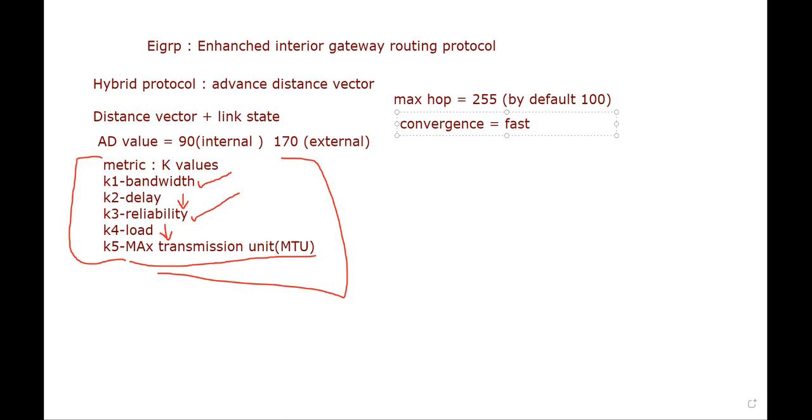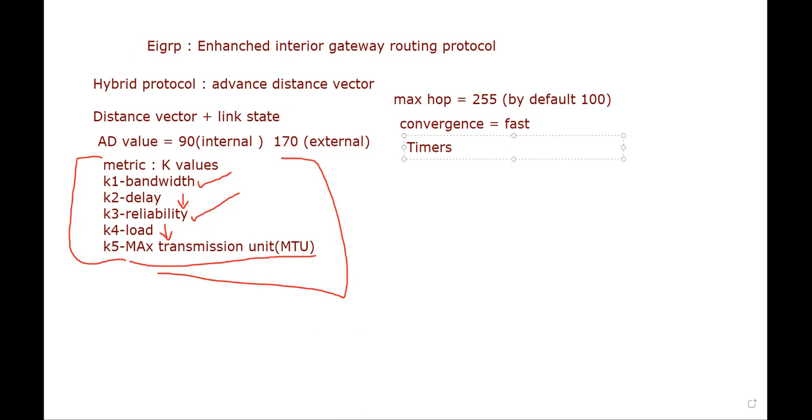The time taken by the router to change the path is known as convergence. RIP convergence was very slow, while EIGRP convergence is very fast.